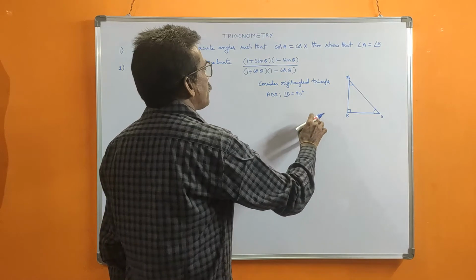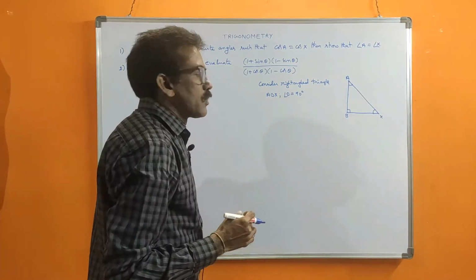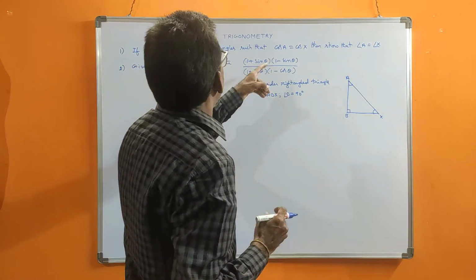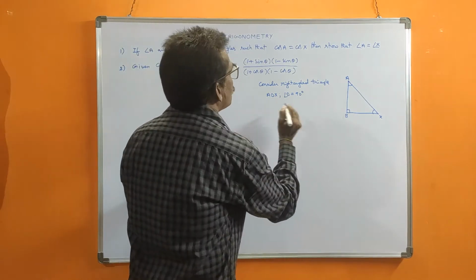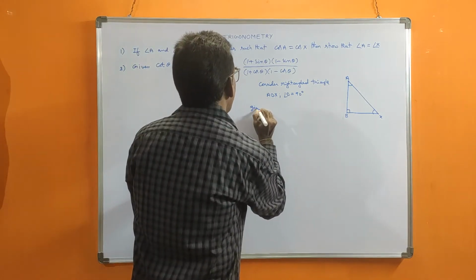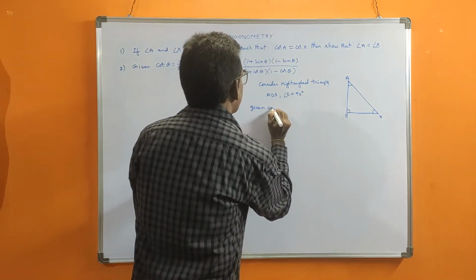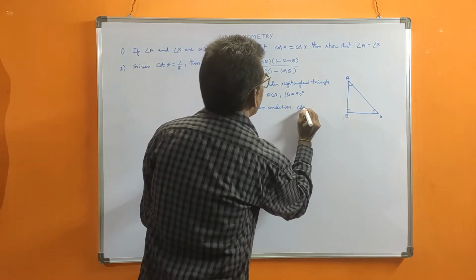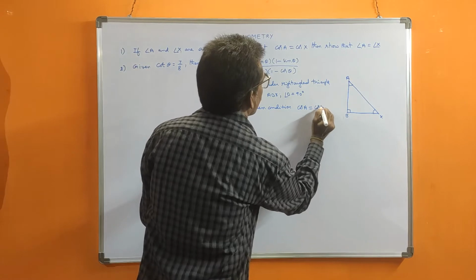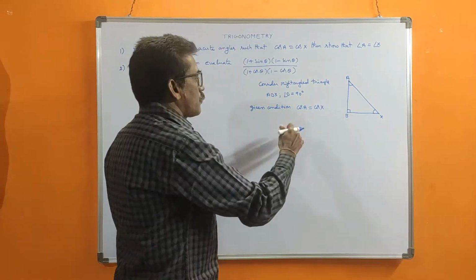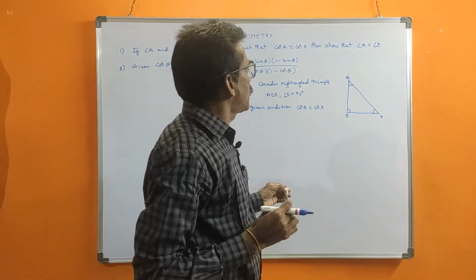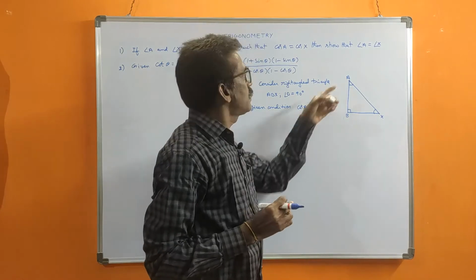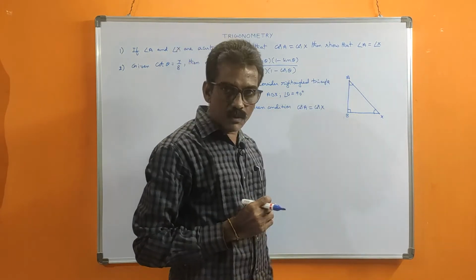Now from this, by using the first given condition. What is given? Cos A is equal to cos X. Using this condition, we should prove angle A is equal to angle X. How?